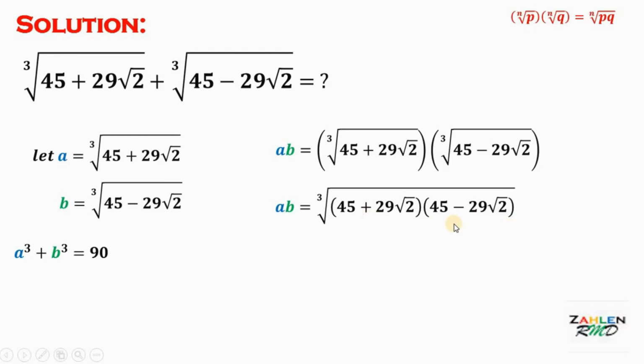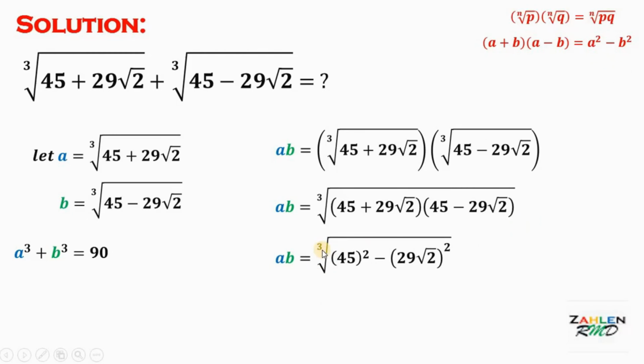Next, as you can see, we have a plus and a minus, so we have (a + b)(a - b), and it is equal to a squared minus b squared. Therefore, we have AB equals the cube root of 45 squared minus (29 square root of 2) squared. Simplify the result.